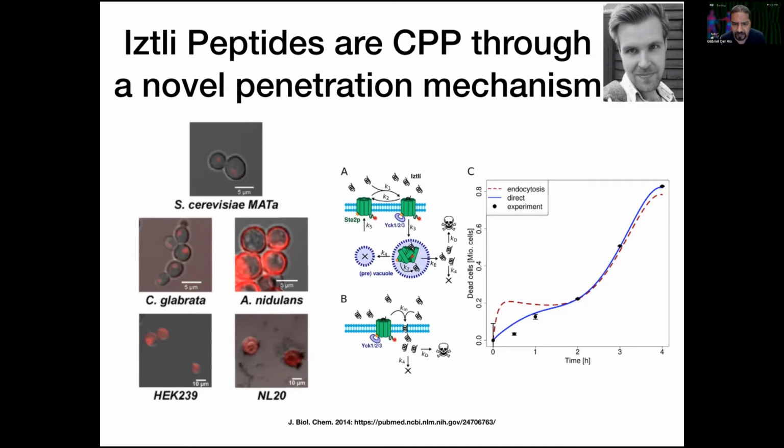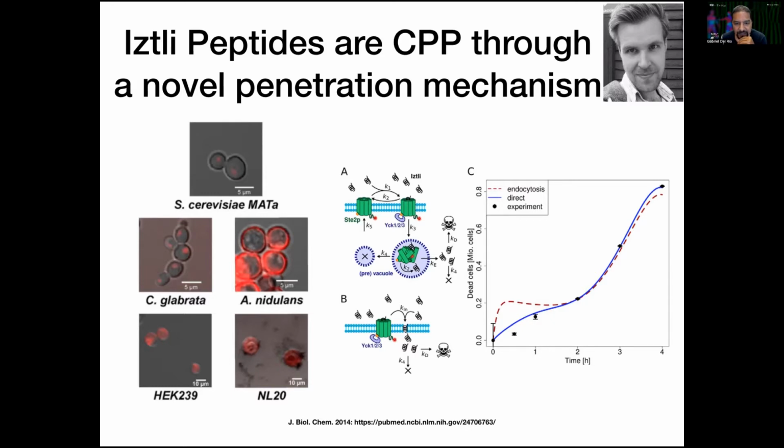Then Christian wondered how the peptide might be killing, and he considered two possibilities. The first one is that the peptide will be internalized directly by the cells, and inside the cells will then destroy the mitochondria.